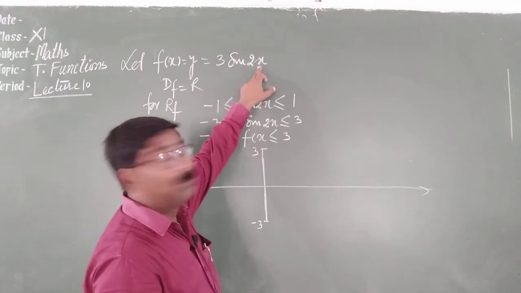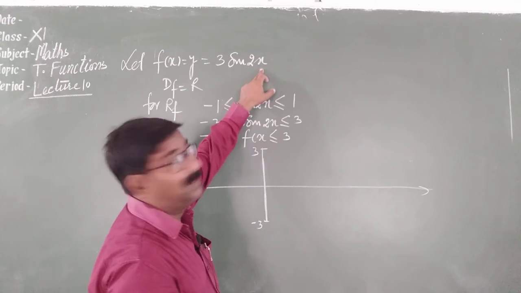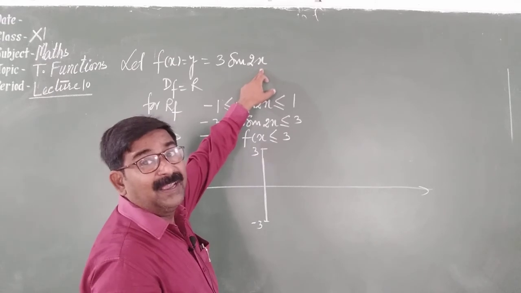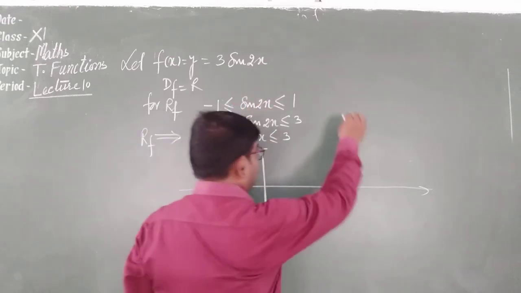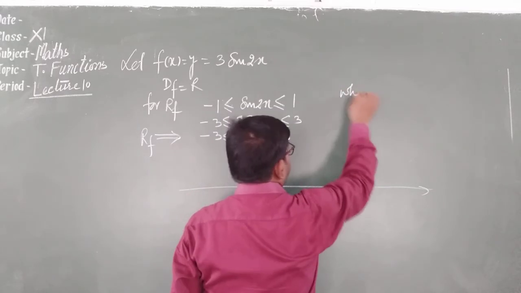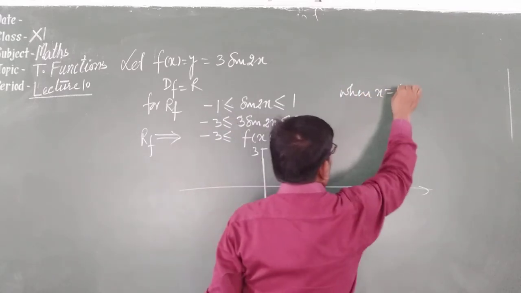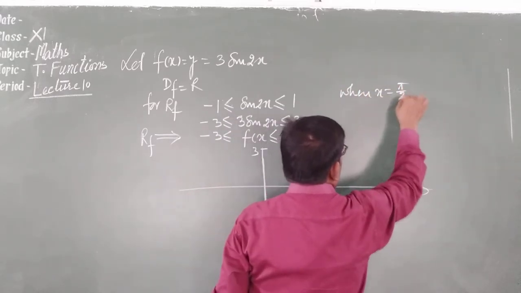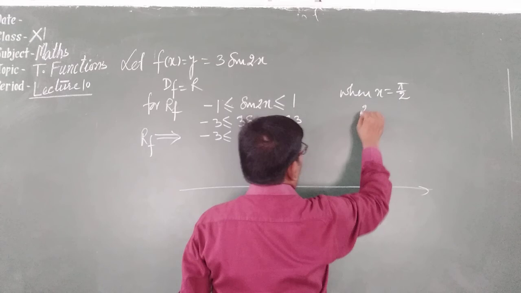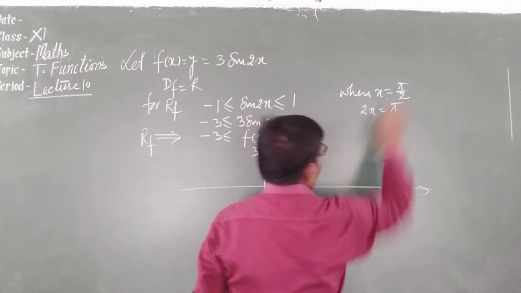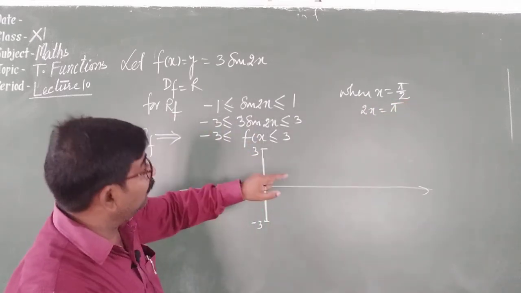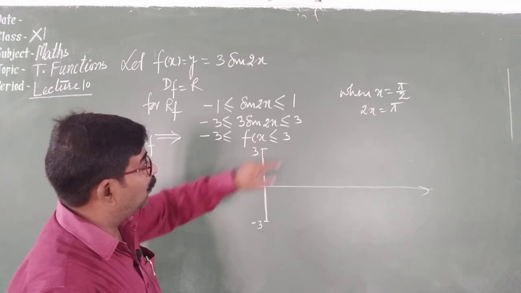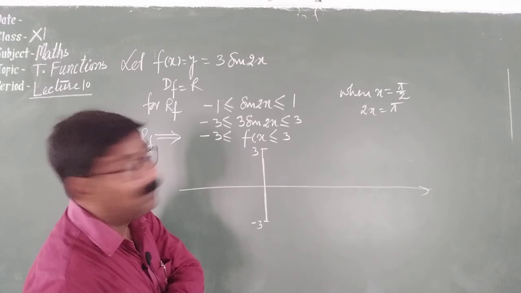At x equal to π, it is 2π. So try to understand like this: when x is equal to π/2, then 2x is equal to what? π. So when we have π/2, in that case we have π.